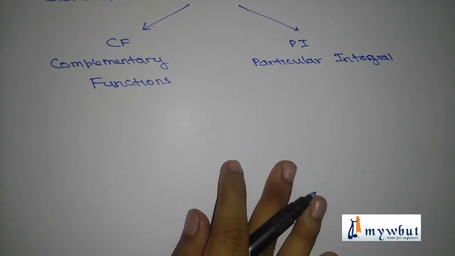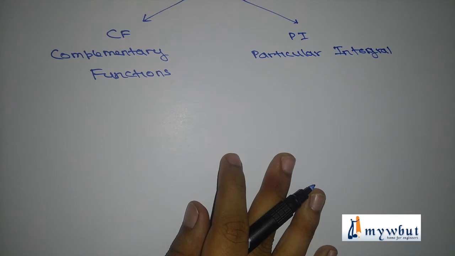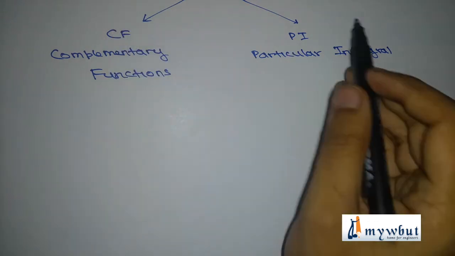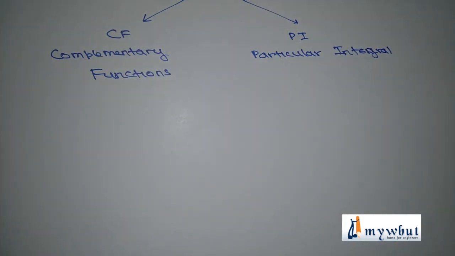So now we have to find out the working rule of finding out a general solution. So we have to find out the working rule of CF and PI separately.